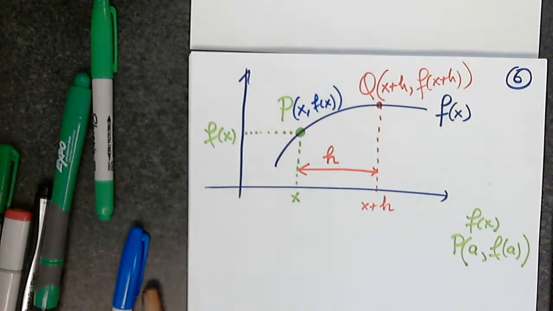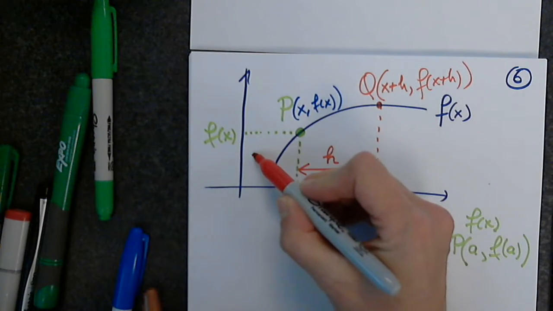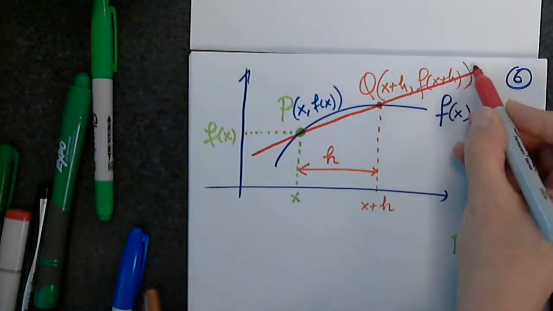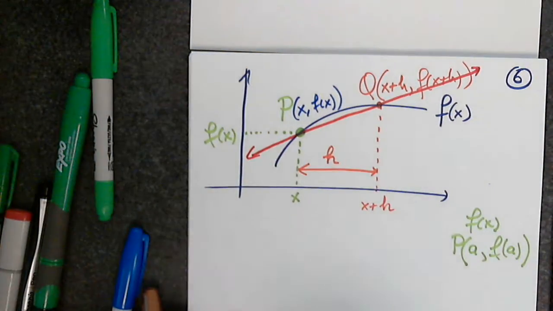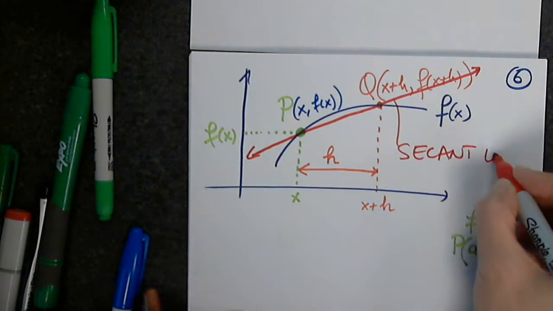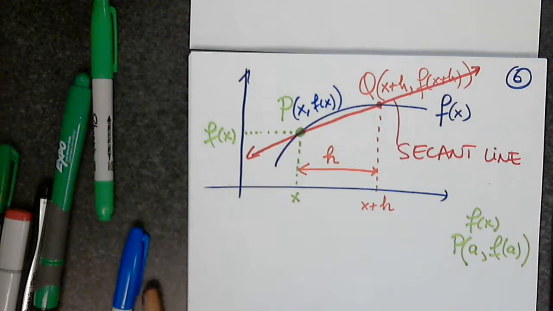Now I would like you to tell me, how do I determine the slope of this line, which is called, it has nothing to do with trig, the secant line. It is a secant line because it crosses the graph of the function in 2 points versus a tangent line that will only touch in 1 point.